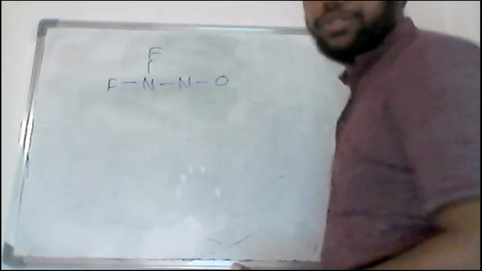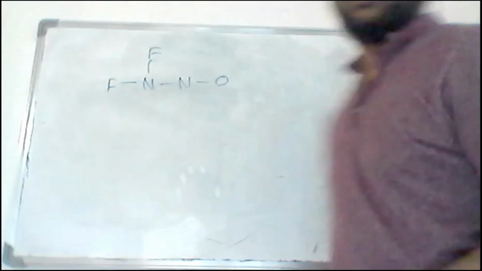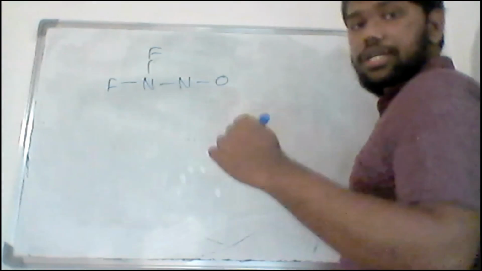So we have to draw the Lewis structure and see the oxidation state of both nitrogen, right?